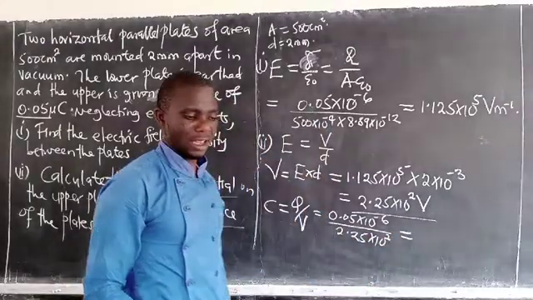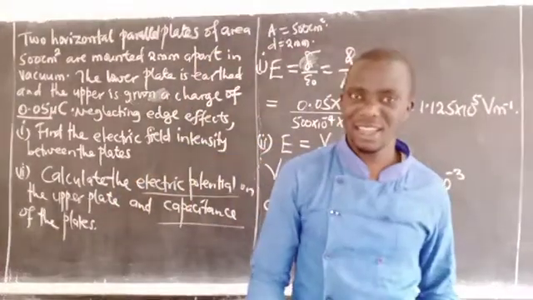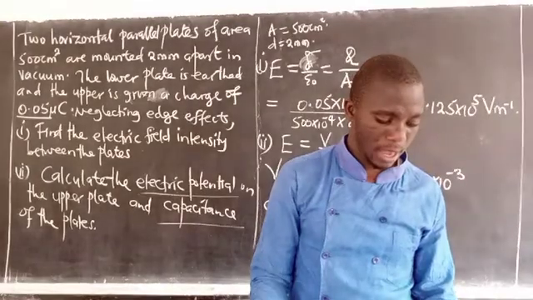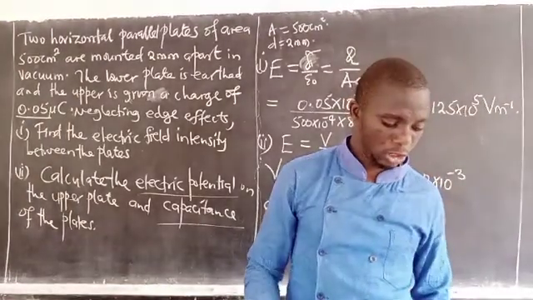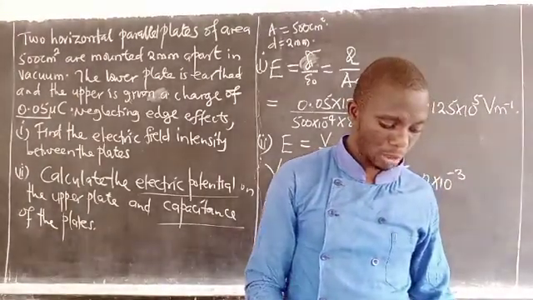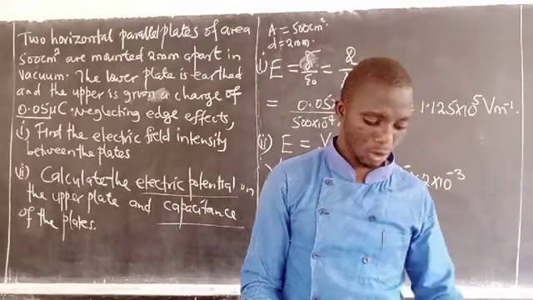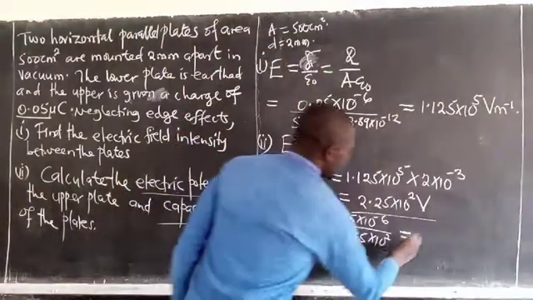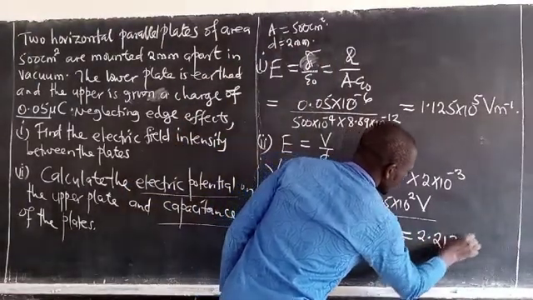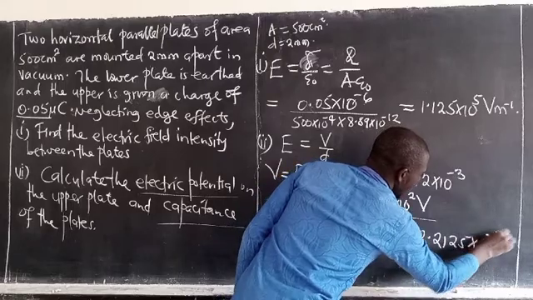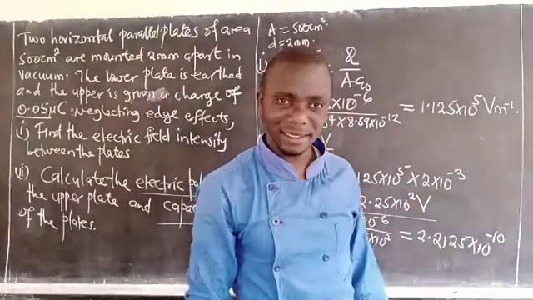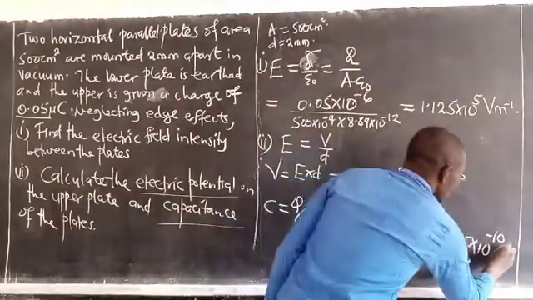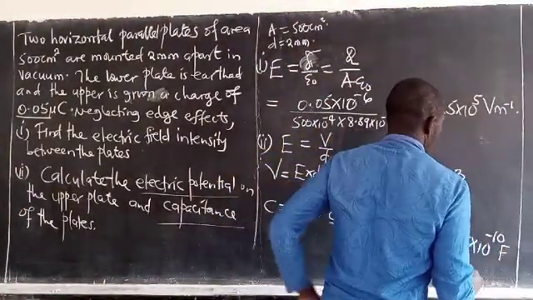What do we get when we substitute there? Press your calculator. The figure I have here is 2.2125 exponent -10, or something close to that. The unit of capacitance is the farad. So that is that.